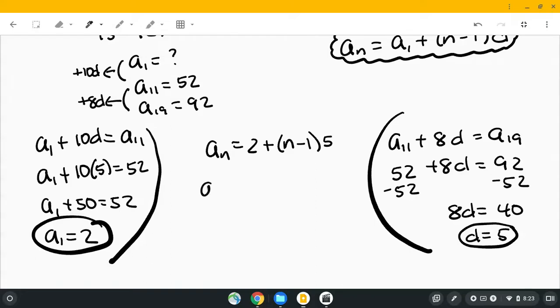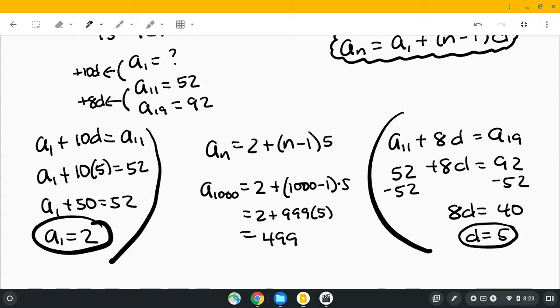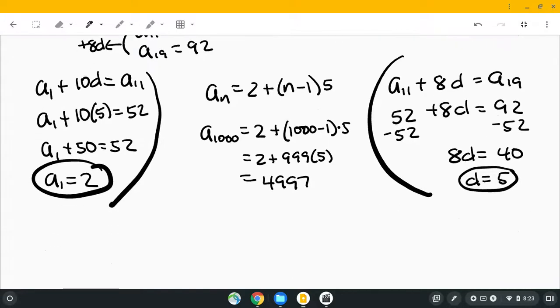So if I want to find the 1000th term, I plug in 1000 and work this out. And I get 4,997. So my thousandth term, which is what they were asking for, is 4,997.